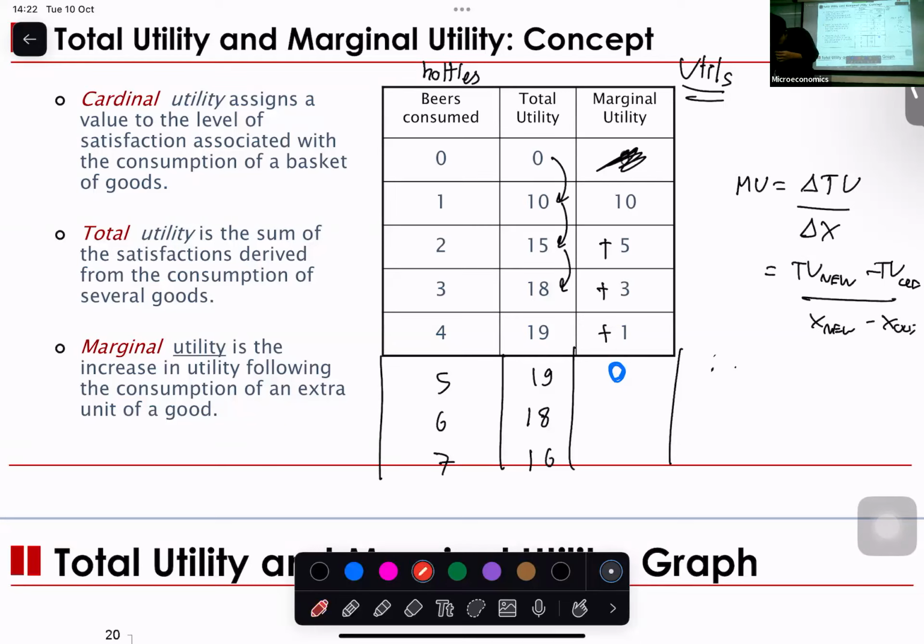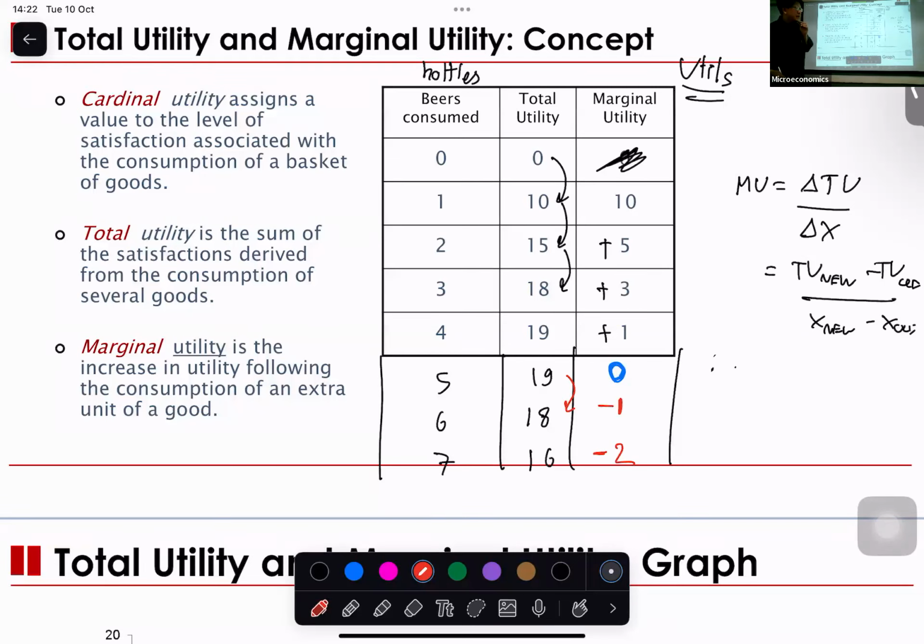Oh, this guy threw up already. TU reduced by 1 util. Bottle number 7 gets worse. Marginal utility from this bottle is negative, minus 2.